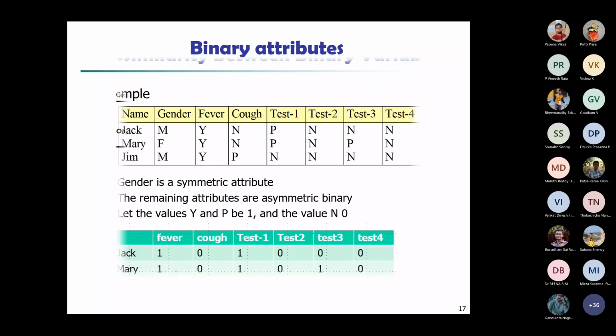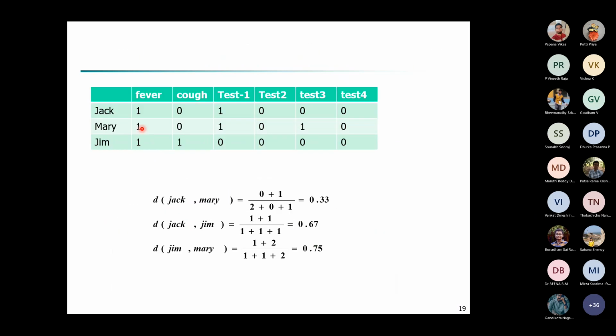Now if you see this matrix, when you compare Jack and Mary, you first see R and S. R is the 1 0 combination: Jack is taking the value 1 and Mary is taking the value 0. How many attributes are like that? We don't have any such attribute in these first two rows, so we write 0.